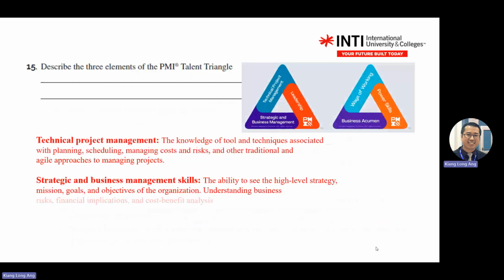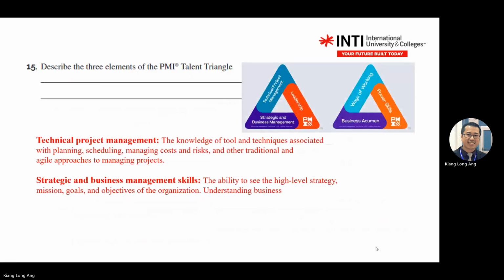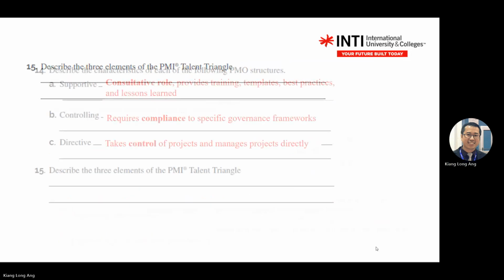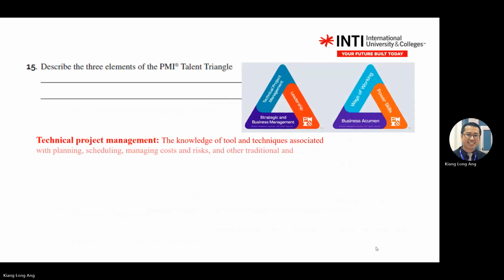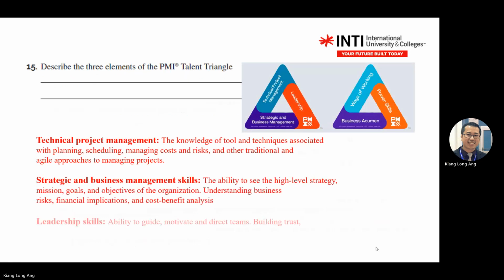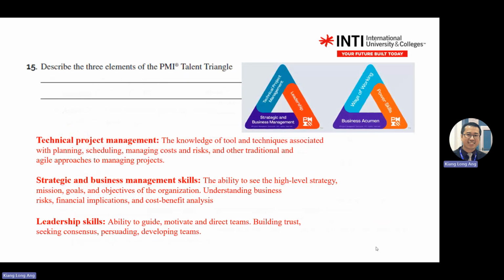These are the three talents in project management. Okay, so these are the three keywords for the triangle.